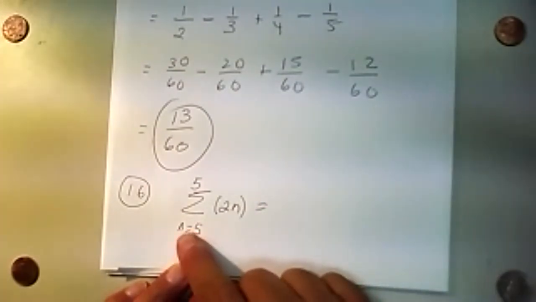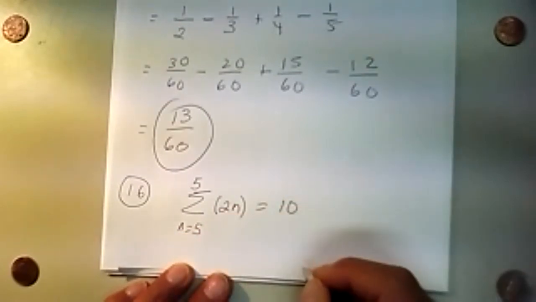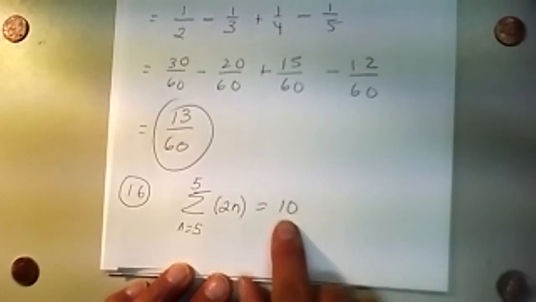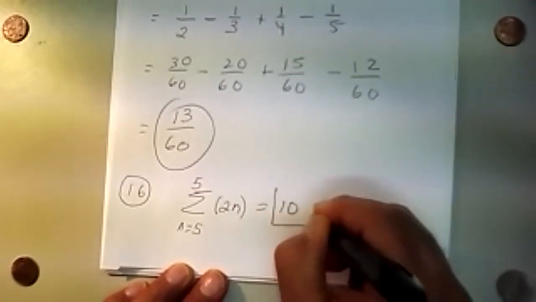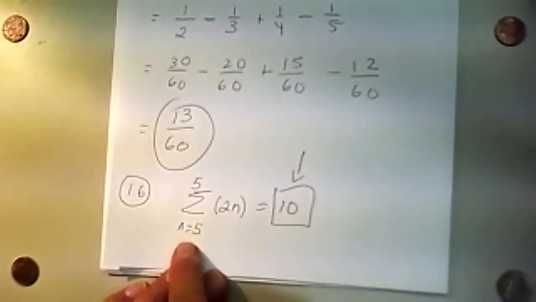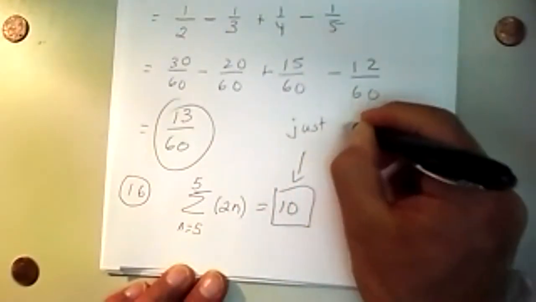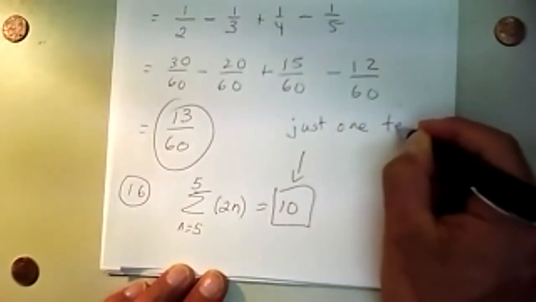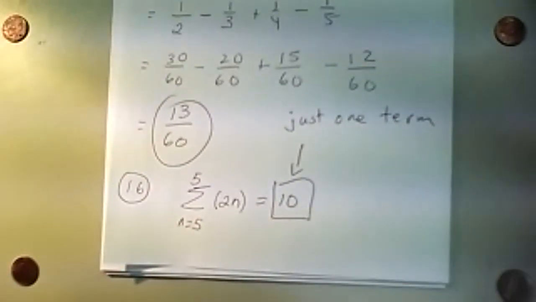When n equals 5, we have 10, and there's nothing to add to it because that's where it starts and that's where it ends. So the answer is just 10. So if the sum starts and ends on the same number, it is just one term. The sum is that one term, and that's it. There's nothing else to do.